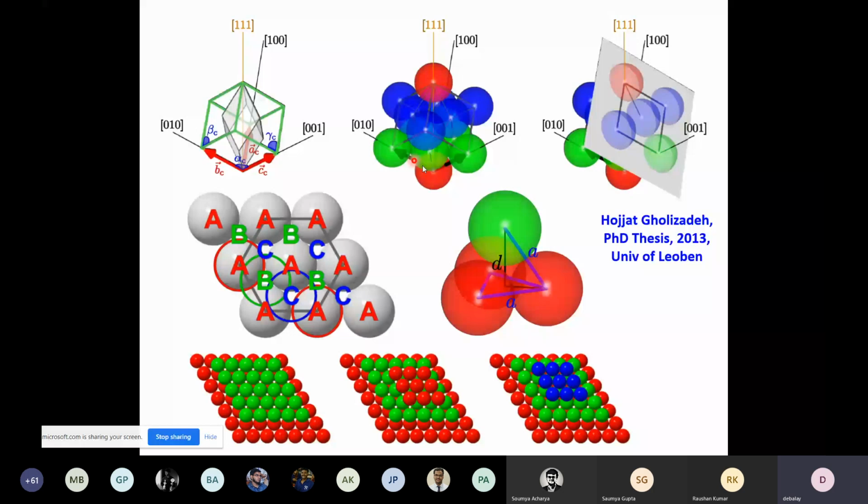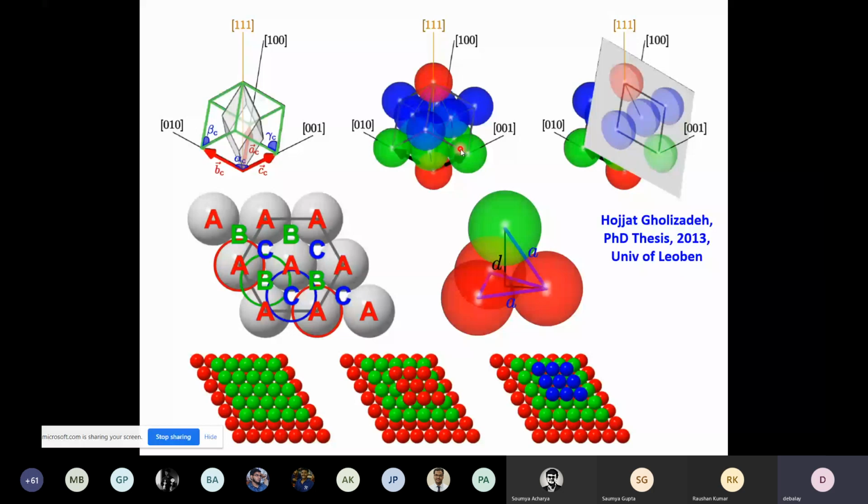Again and again, I'm saying, when you put the B layer, you will find two options. Two sets of groves will be available. Which groves will be available? This is my question to you. A and C. Absolutely right. On B, you will find two groves available, A and C.